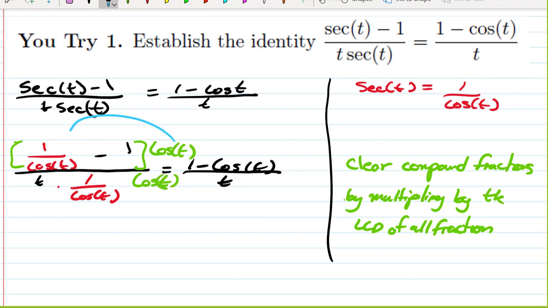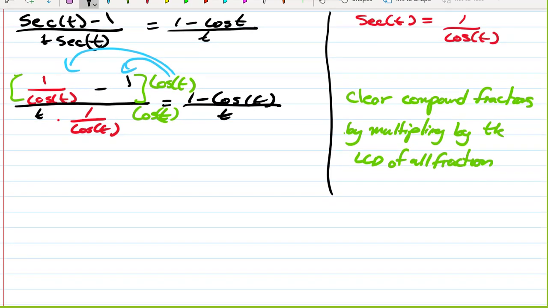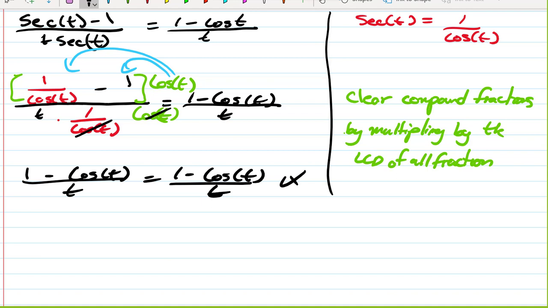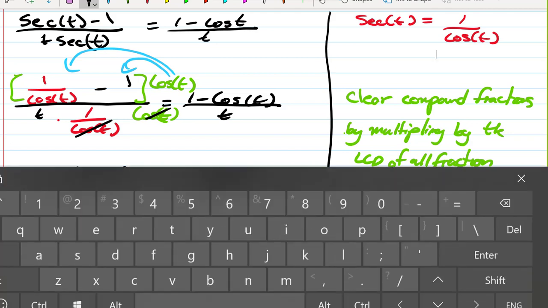If we distribute that into our parentheses, we end up with cosine over cosine, which reduces to 1, so minus 1 times cosine t in the numerator, and then in the denominator they reduce out, all over t, equals 1 minus cosine t over t, and we're done. If you did the invert and multiply, you end up with the same thing when you distribute. Either way, we get our identity.